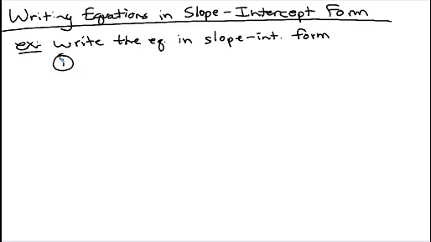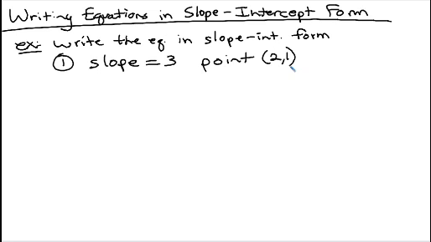But this is what they give you. They give you that the slope is 3, and they give you a point of 2, 1. And that's all they give you.